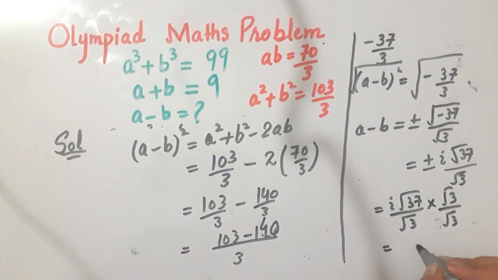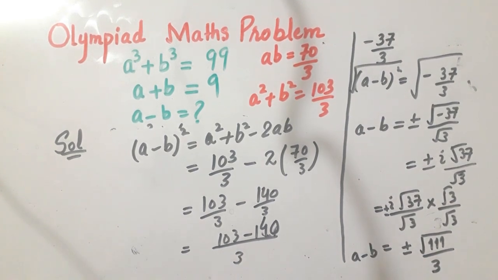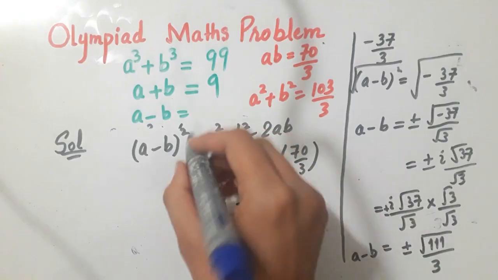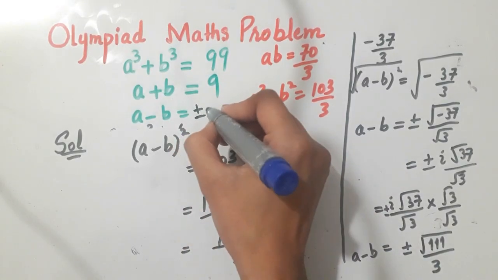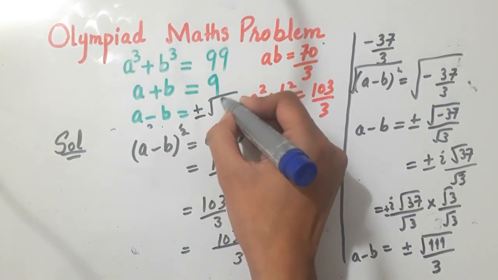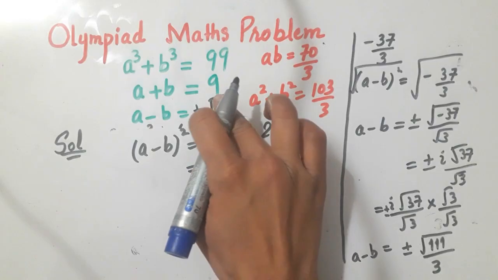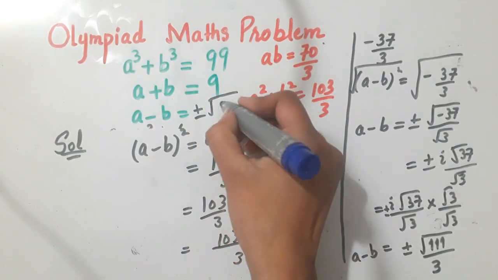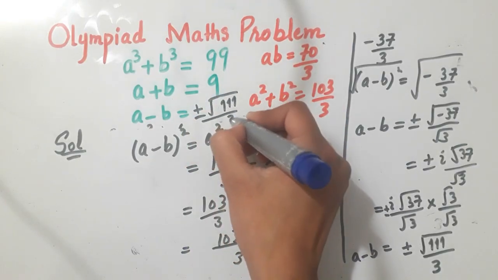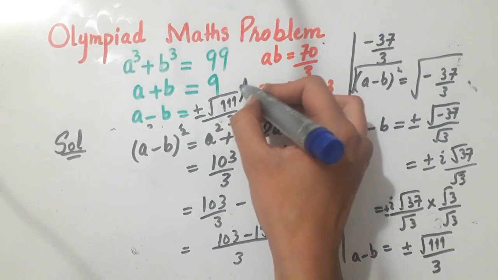So this will become plus minus iota root of 37 multiplied by 3, that is 111, by 3. So this is the answer for a minus b. We will write the final answer here: plus minus iota root of 111 by 3. So this is the answer.